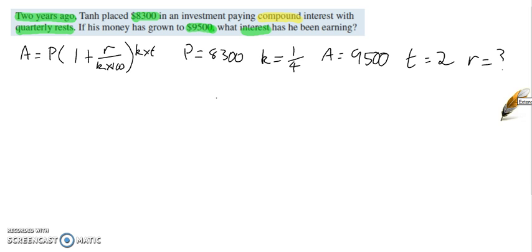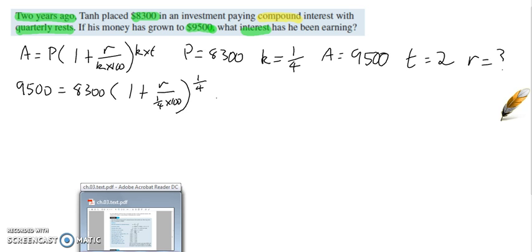So, again, we start this question in a similar fashion. We fill in what we know. The amount is 9,500. The principal is 8,300. 1 plus R, which is what we don't know, so leave it as R, over 100. Okay, so I made a mistake here.